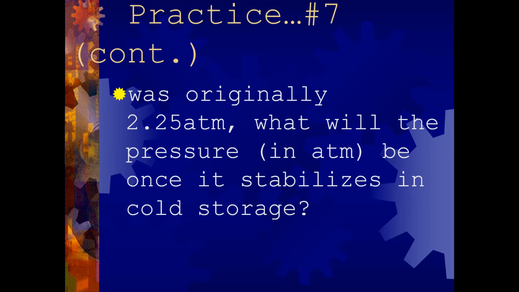So let's write all of this down. T1 equals 27, and remember, we've got to change it to Kelvin, so we might as well do that now. 27 plus 273 is exactly 300 Kelvin. That's T1.